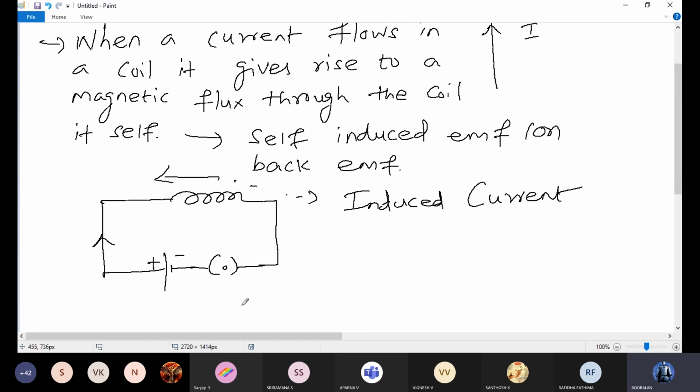For the closed switch, the induced current direction is opposite. In case the switch is open, the induced current is in the same direction.